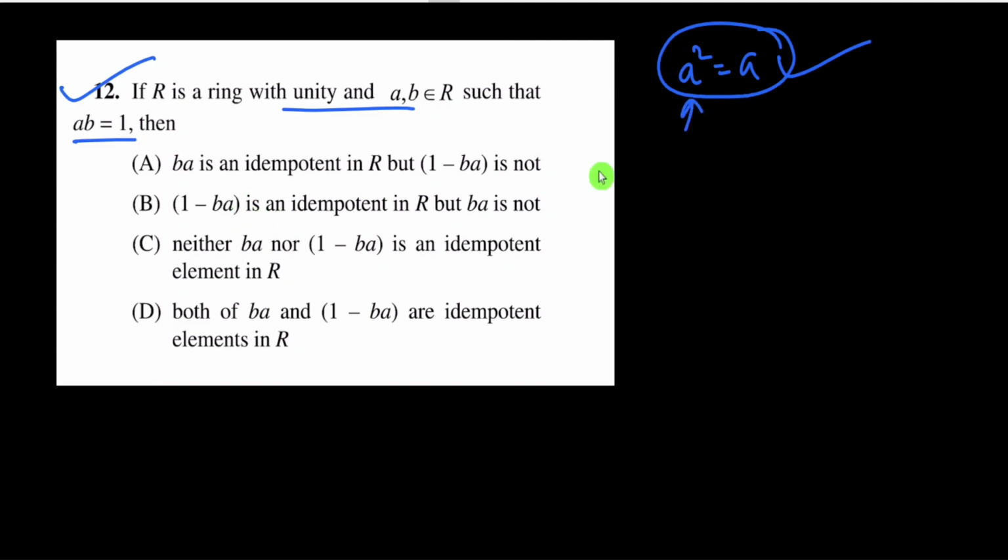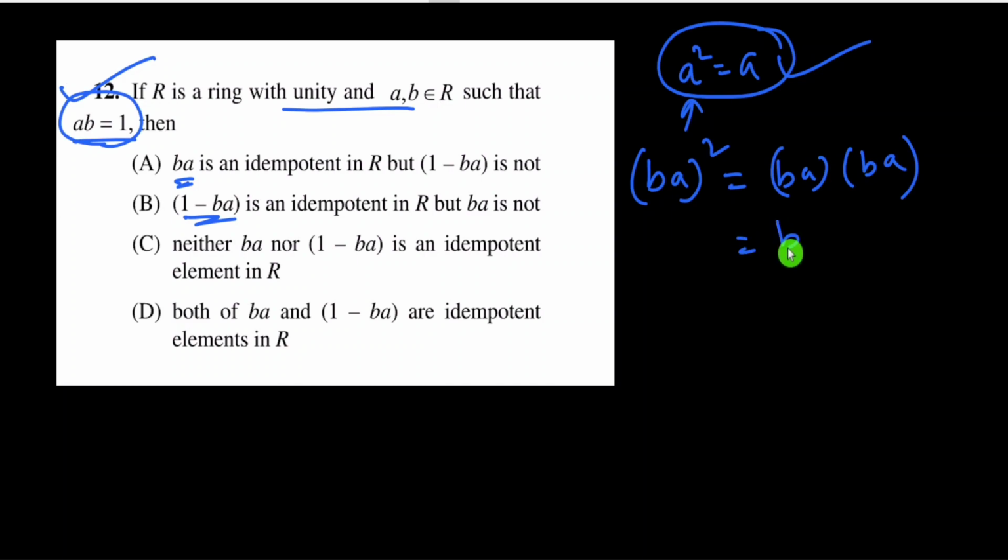Now we check idempotency for ba and 1 minus ba. (ba) square equals ba times ba, which is b(ab)a, and since ab equals 1, this is clearly ba. Therefore ba is an idempotent element.